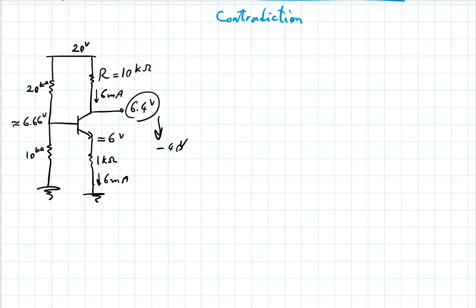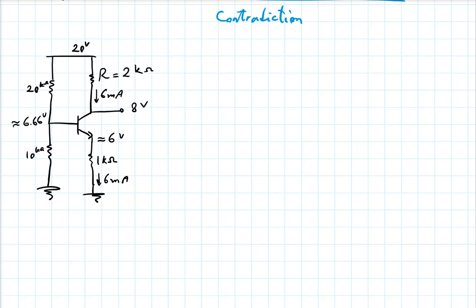We kind of felt that was not what was going to happen. So what will happen? If I had 2 kilo ohm here, I would still be safe, right? Because this is 20 minus 12, so that would be 8 volts, right?